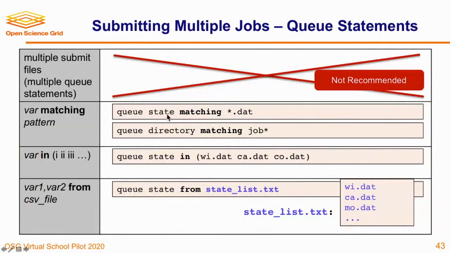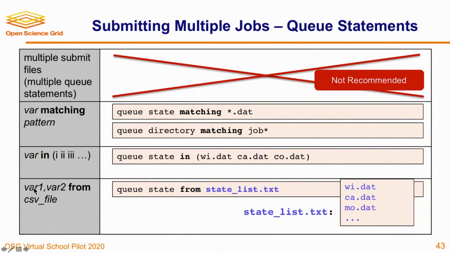Let's look at that. So I already mentioned that it is possible to script the creation of many submit files where each one queues a different job. So you've got multiple queue statements to be dealing with. That's not recommended because it's tedious, it adds a lot of extra effort for you. And Condor has great tools that are probably very applicable to what you'd like to accomplish.